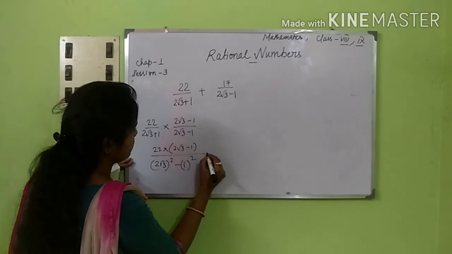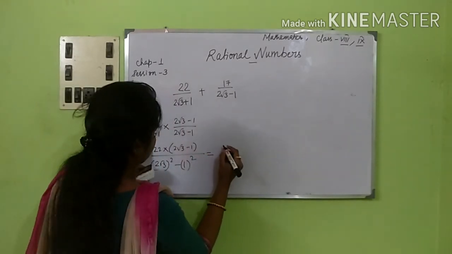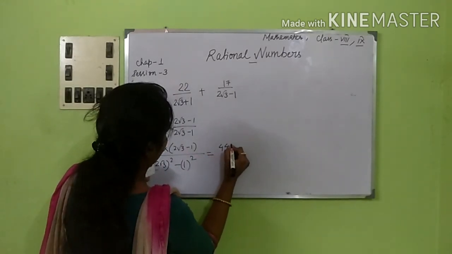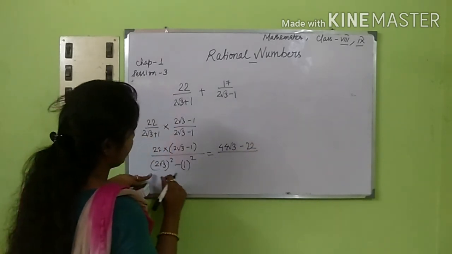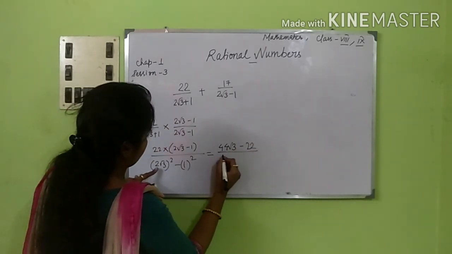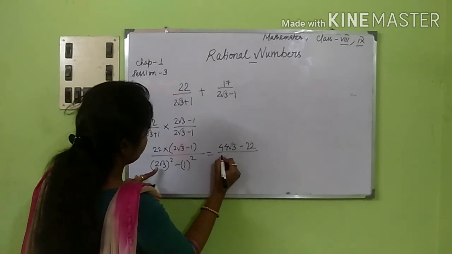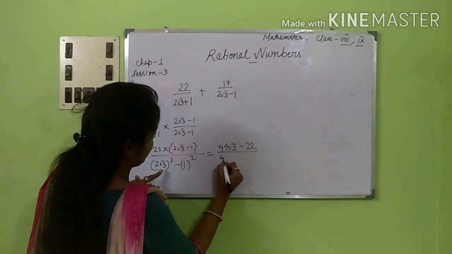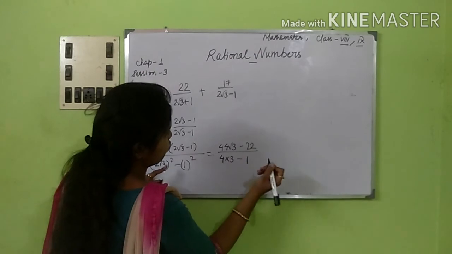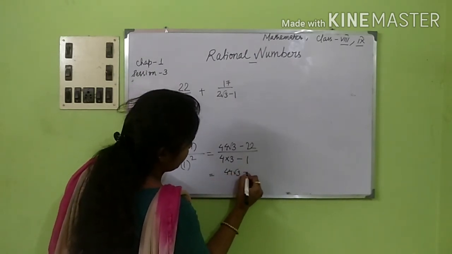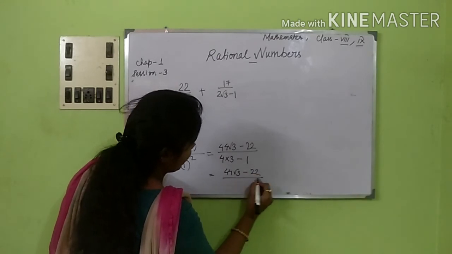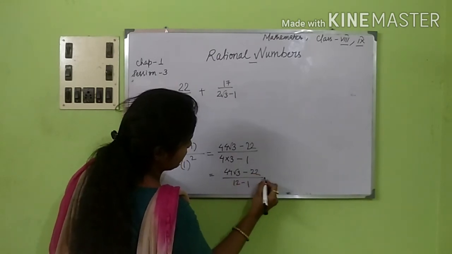So we are going to get 44 root 3 minus 22 divided by, this is coming to 4 into 3, that is 12, minus 1. So we are having 44 root 3 minus 22 by 12 minus 1.